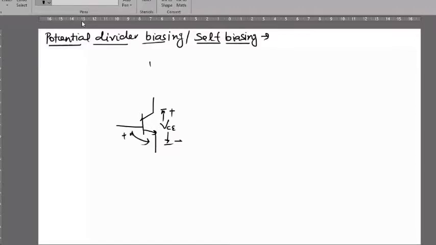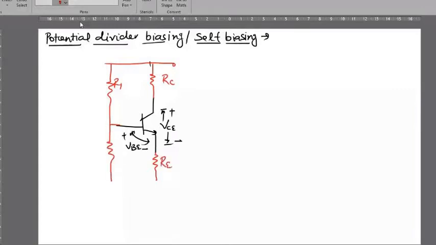Now I will connect this transistor into a biasing network. For potential divider biasing, we do one kind of exercise. Till now, this is fixed bias. This is RC and this is R1. Now, in potential divider biasing, along with the fixed biasing network, we use emitter resistance RE and one resistance at this terminal.